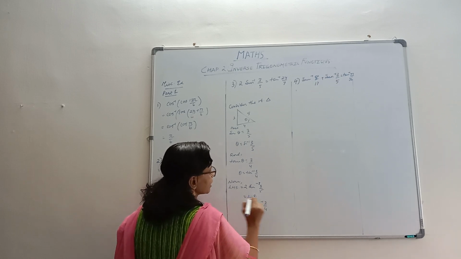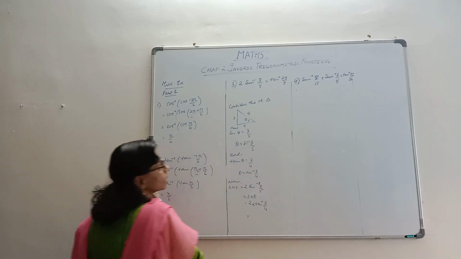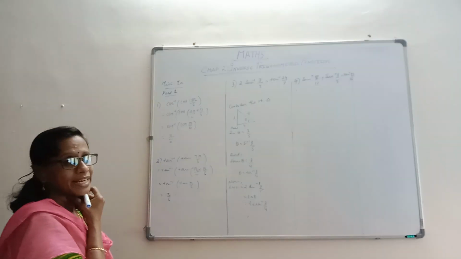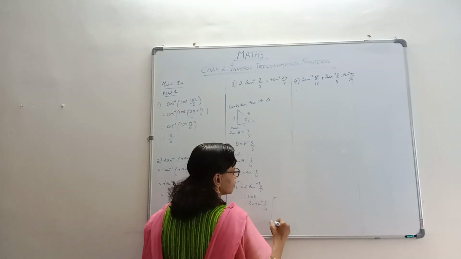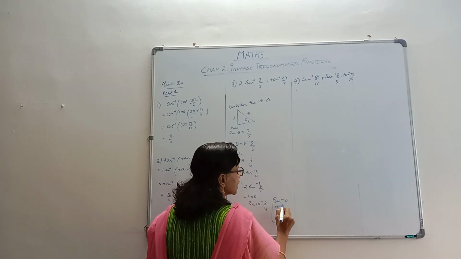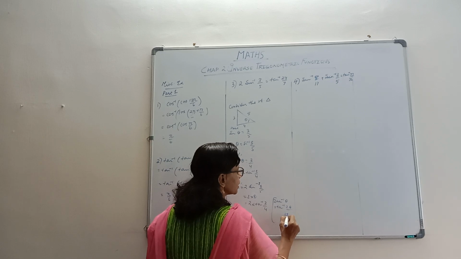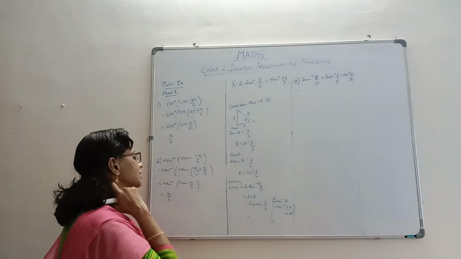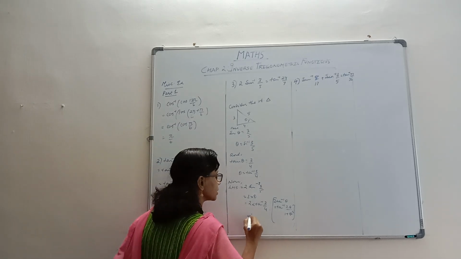So 2 tan inverse of 3 by 4. We've learned the property: 2 tan inverse of x is tan inverse of 2x by 1 minus x square. So let's come back to that property and see how that works.